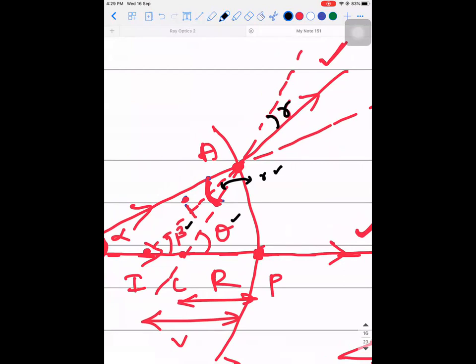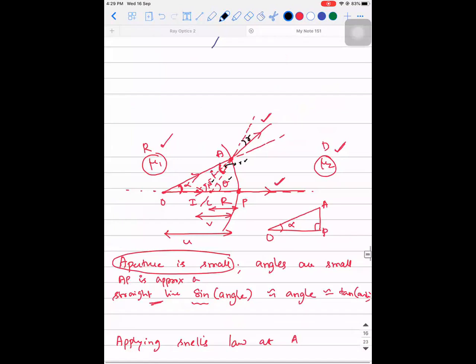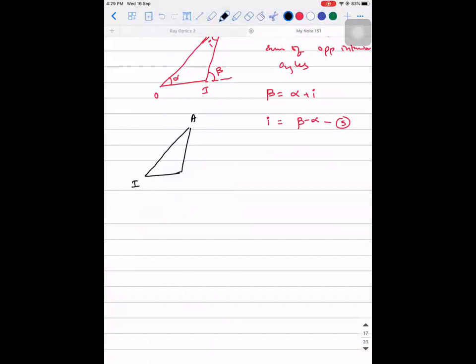AIC. In triangle AIC, this is theta, this is beta, and this is r. So theta will be equal to beta plus r, which implies r is equal to theta minus beta. Let this be number 6.